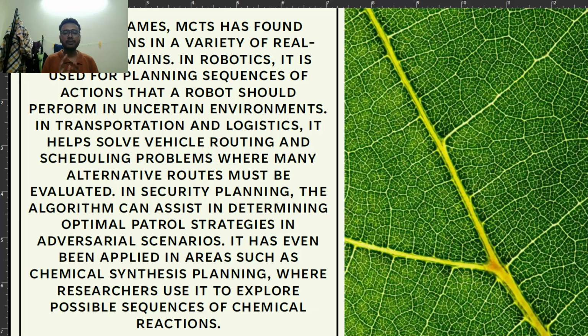Okay, so in transportation and logistics, it helps solve vehicle routing and scheduling problems where many alternative routes must be evaluated. In security planning, the algorithm can assist in determining optimal patrol strategies in adversarial scenarios. It has even been applied in areas such as chemical synthesis planning, where researchers use it to explore possible sequences of chemical reactions.